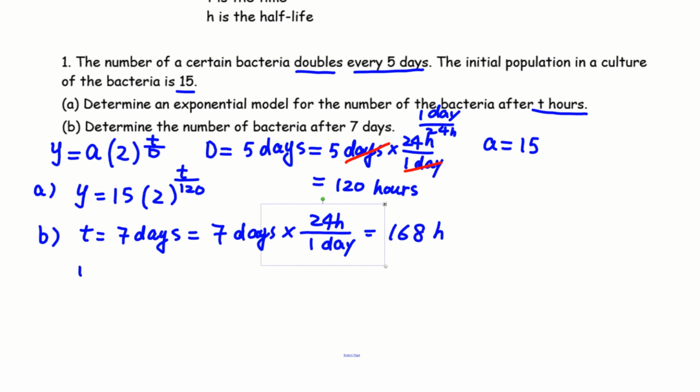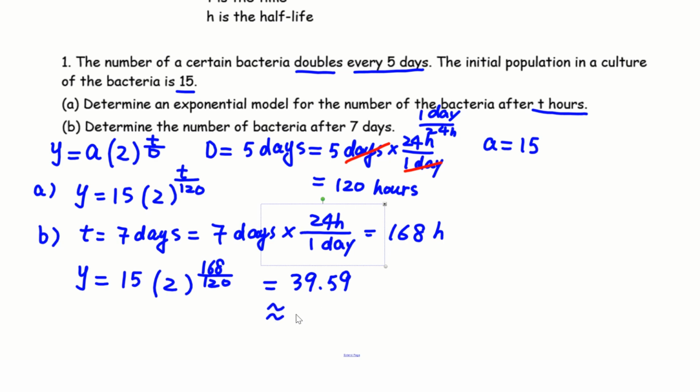Then we sub it in: the number of bacteria equals 15 times 2 to the exponent 168 hours divided by 120 hours. Then we do the calculation, type it into your calculator, and we are going to have 39.59 bacteria.